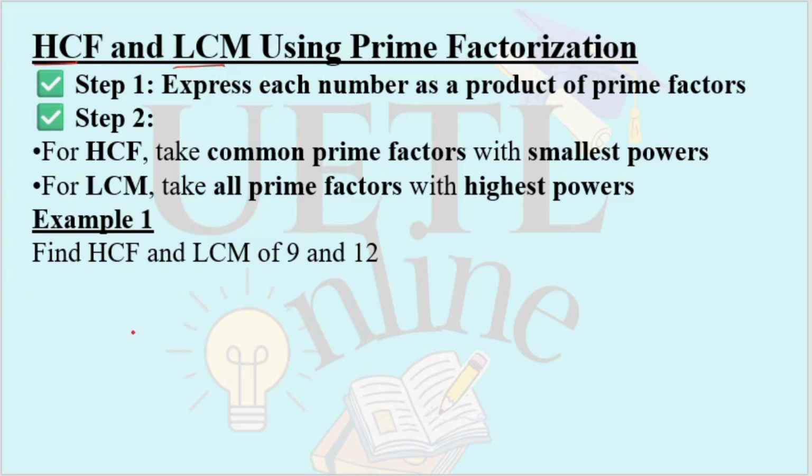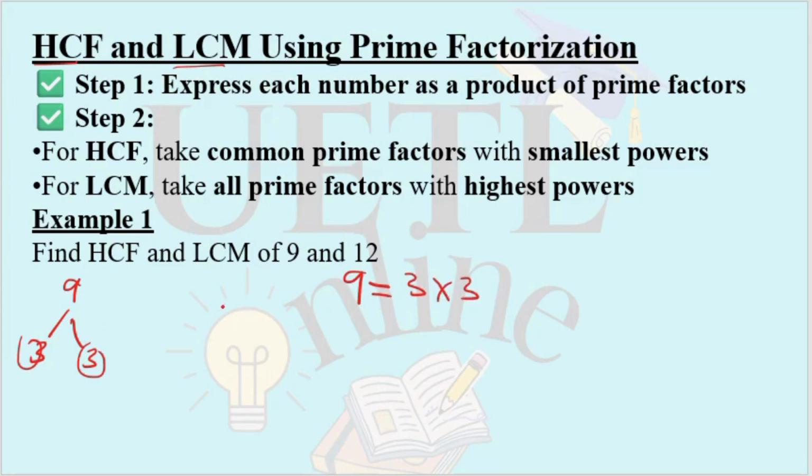Let's say, for example, you are asked to find the HCF and LCM of 9 and 12. The first thing is to express 9 as a product of its prime factors. So 9 is 3 times 3. These are the only prime factors.